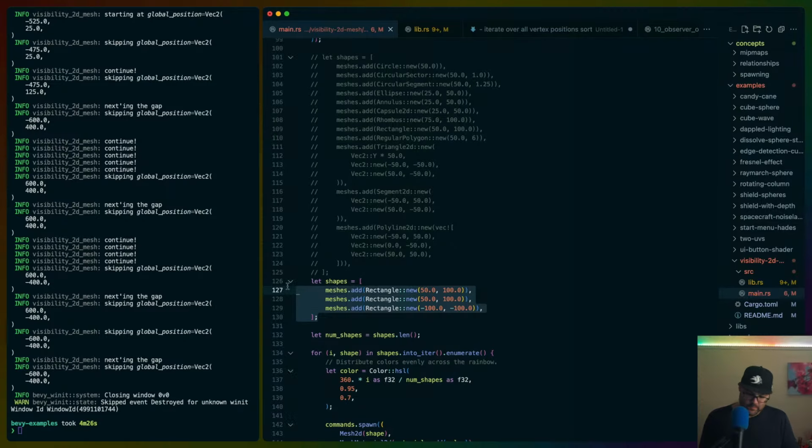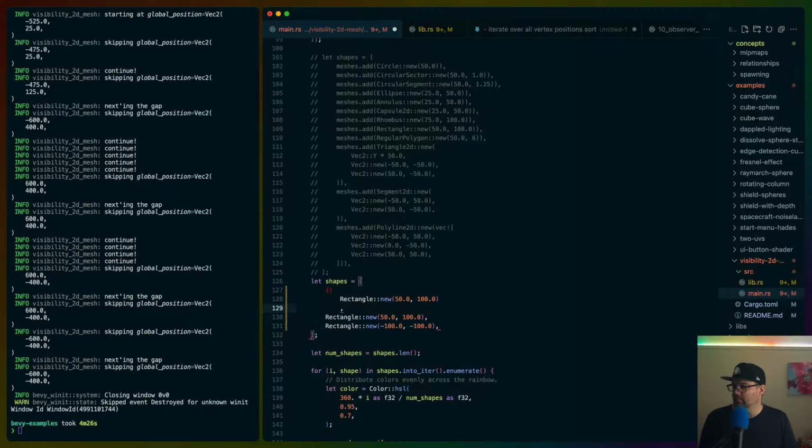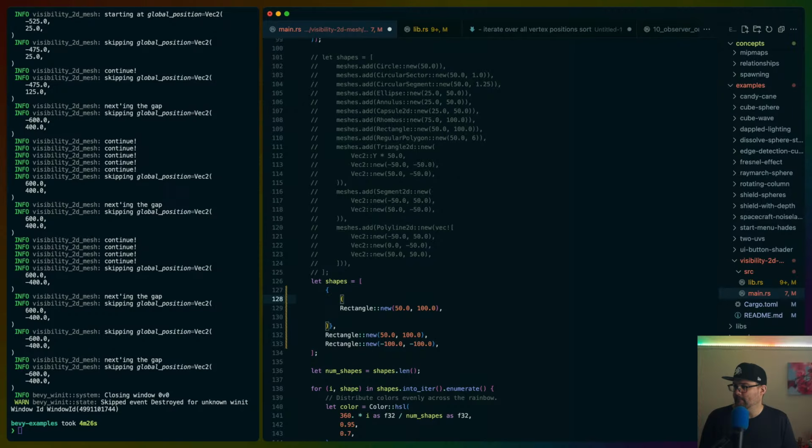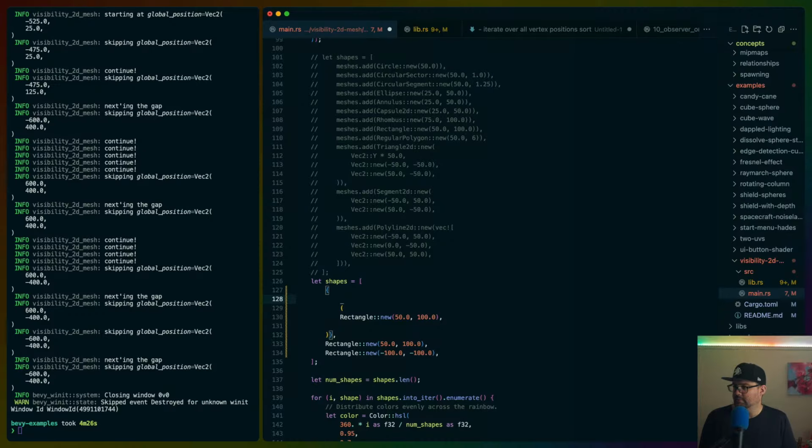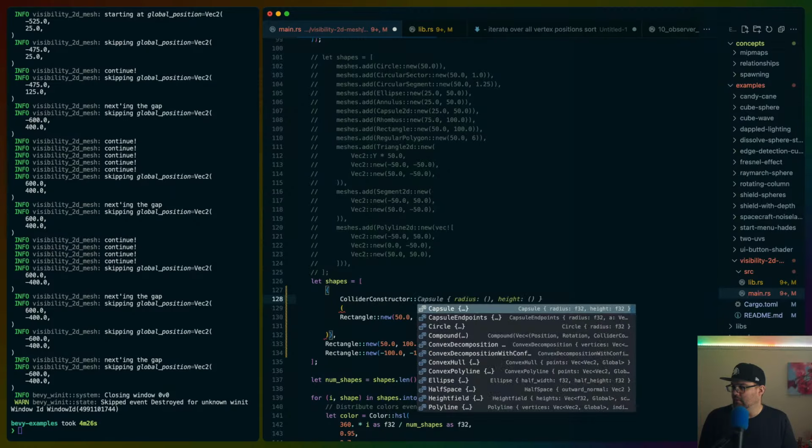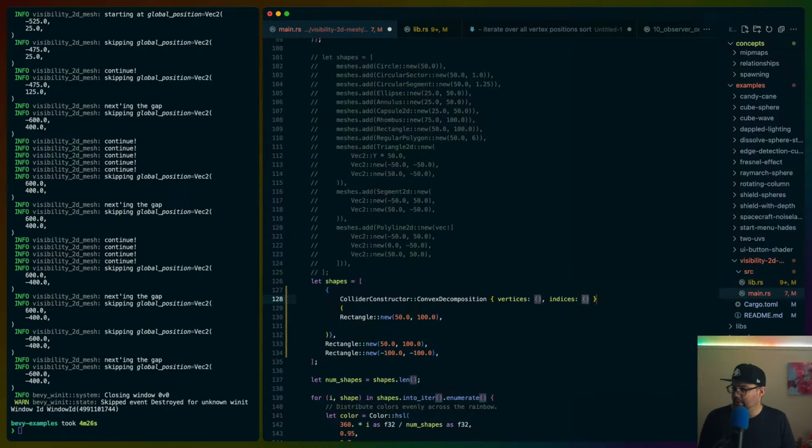So let me take this and do convex decomposition, and we need vertices and indices, which means that we need to have our little mesh here.